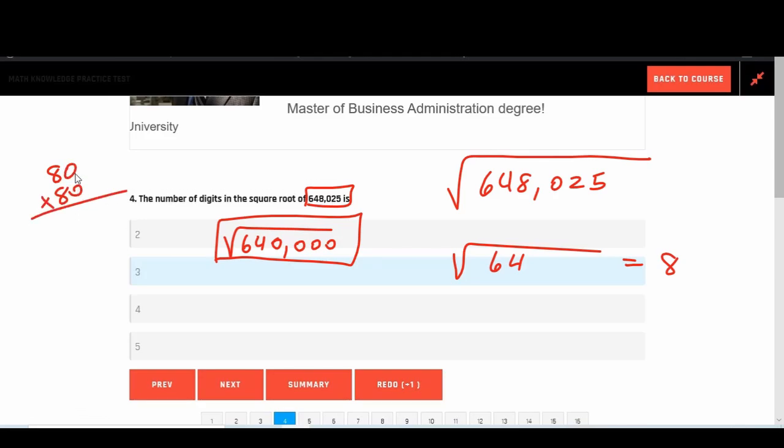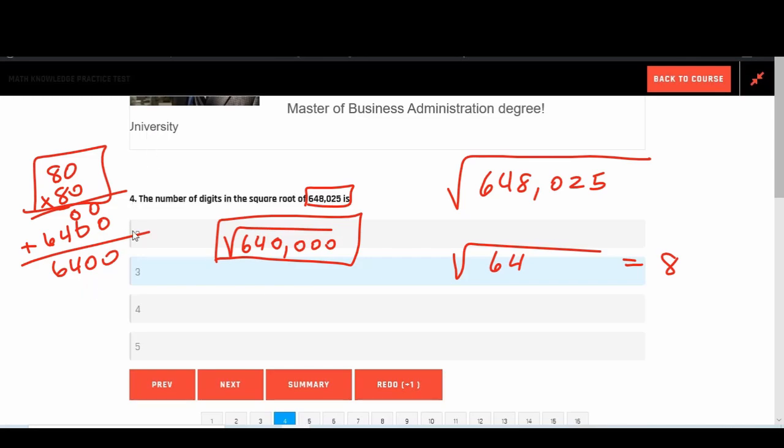80 times 80, 0 times 0 is 0. 0 times 8 is 0. Drop down to 0 since we're starting this number. 0 times 8 is 0. 8 times 8 is 64. We can see that this would get us 6,400, not 640,000. So we know this is too small.